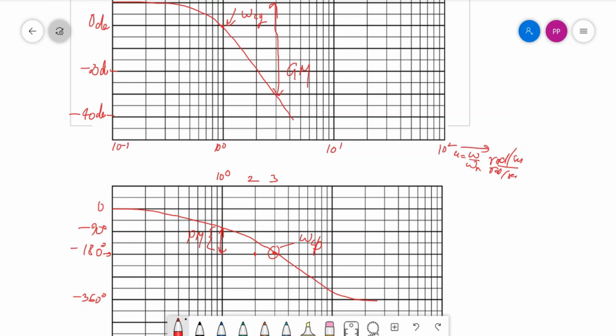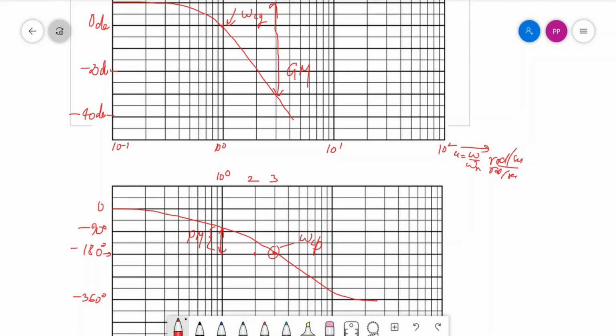So drawing the Bode plot and getting gain margin and phase margin is relatively easy if we are careful about the gain crossover frequency and phase crossover frequency. And for understanding, it will be easy to explain things using the polar plot. So this is all about gain margin and phase margin, and we learned how they can be obtained from the Bode plot and polar plot.